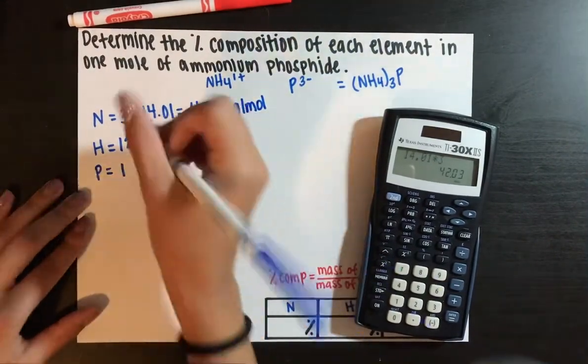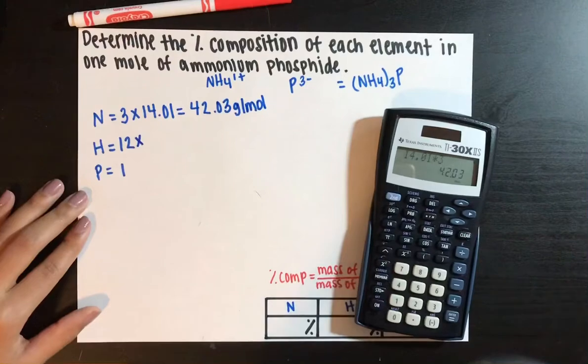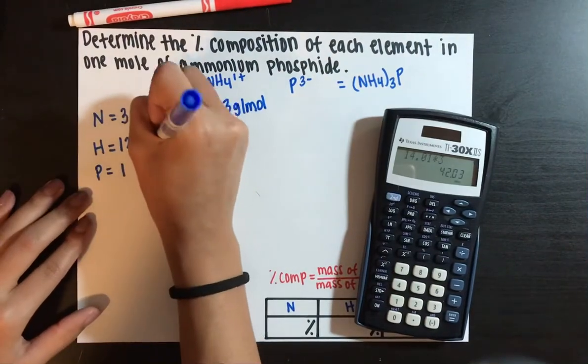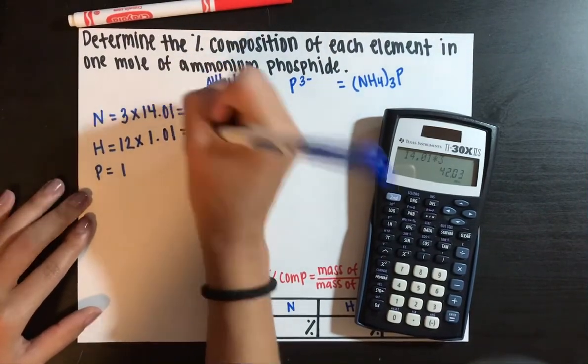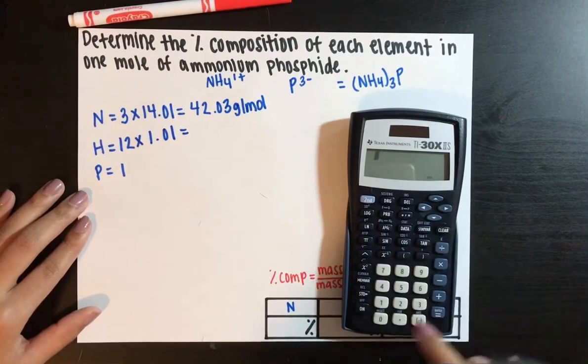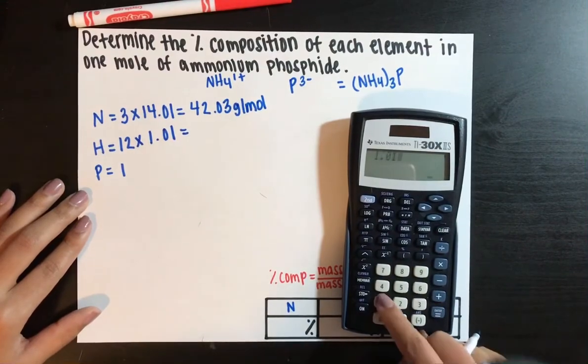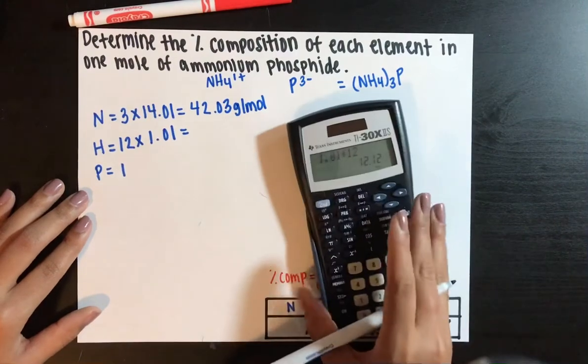For hydrogen, the molar mass on the periodic table is 1.01, and 1.01 times 12 gives us 12.12.